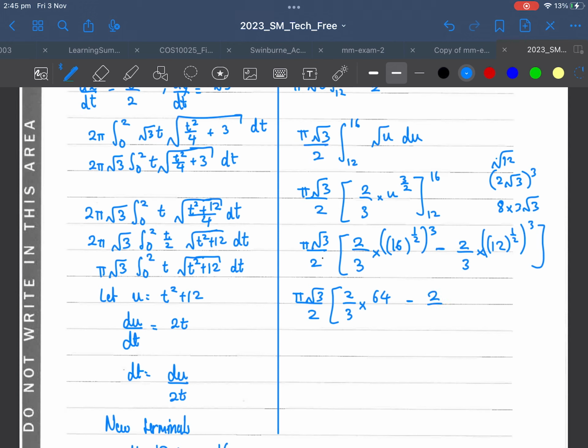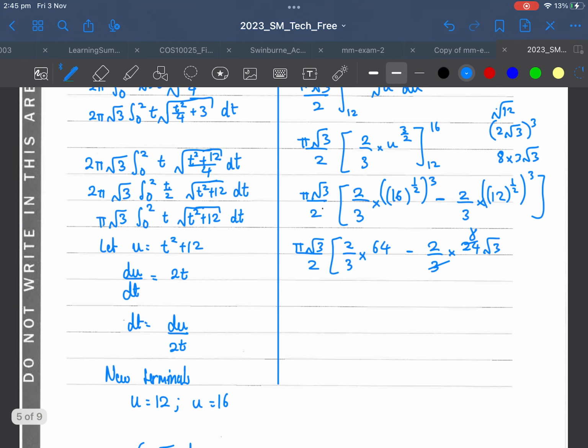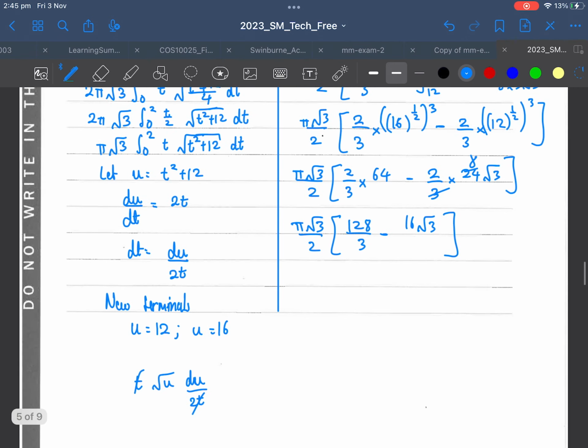So 2 on 3 times 24 root 3, so that would cancel out. And okay, this is so much algebra. Okay, so this would be 128 on 3 minus 16 root 3, and simplifying that, we will get pi root 3. So I'm going to cancel out this 2, so 64 minus 8 root 3 on 3. Okay, so this should be our answer.